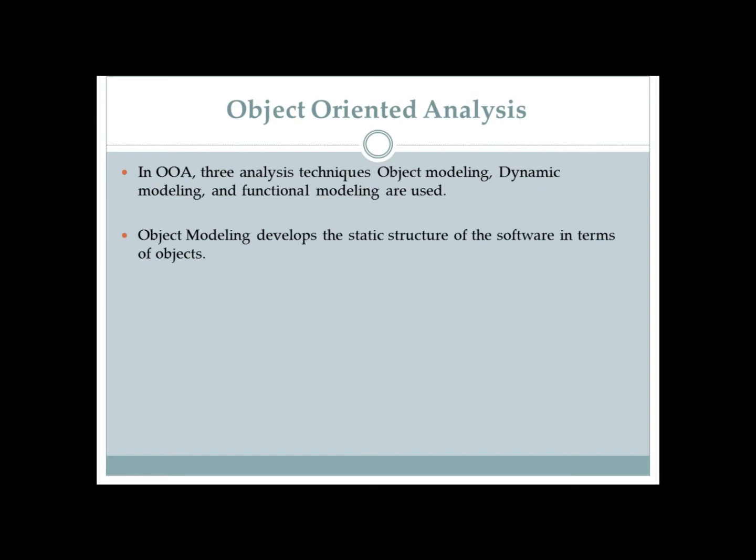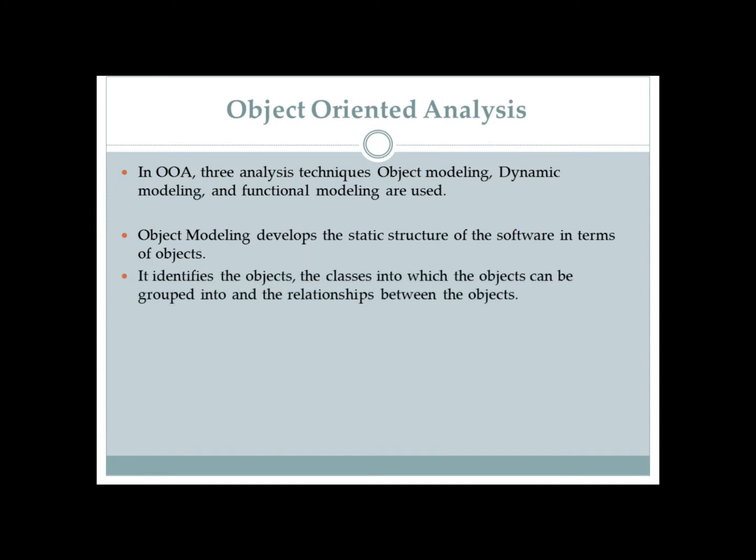We'll start with the term object modeling. In object-oriented analysis, object modeling develops the static structure of the system or the software in terms of objects. Here, the static structure of the software is nothing but the unchangeable part of the software when it comes to development.